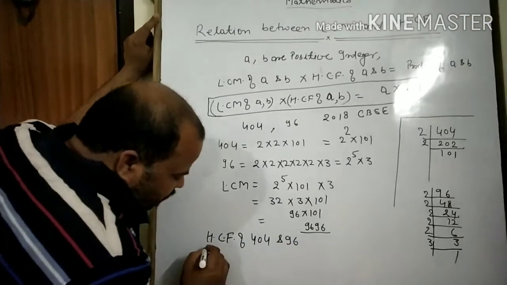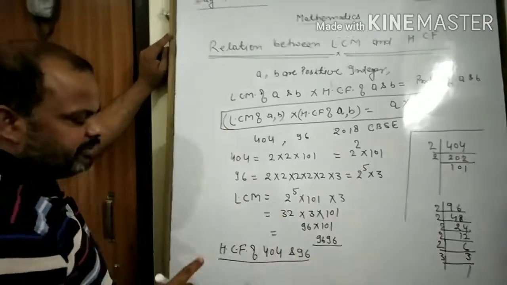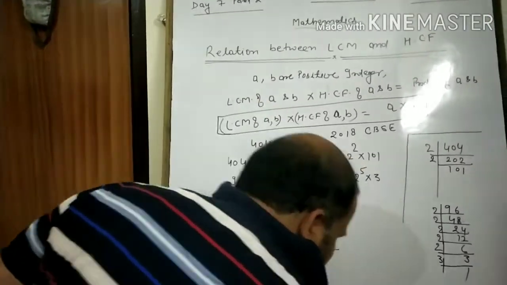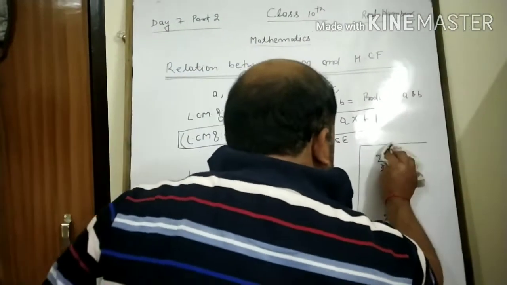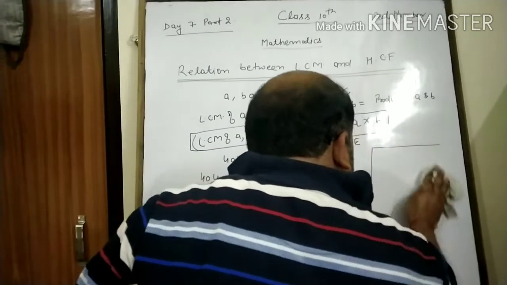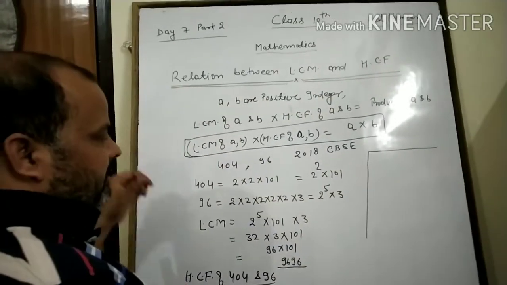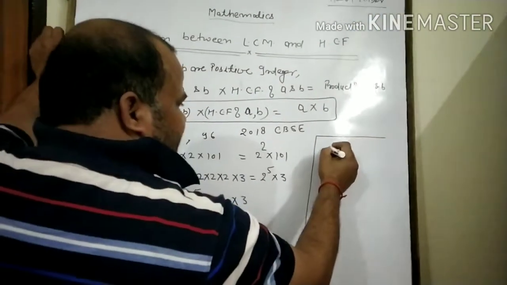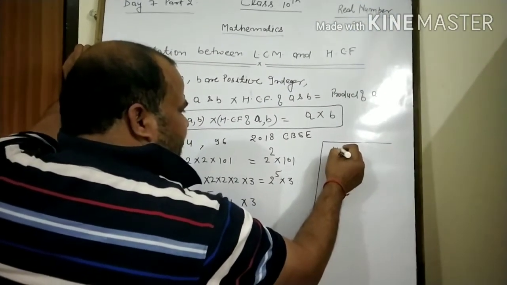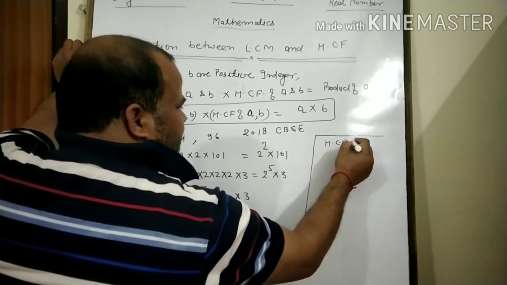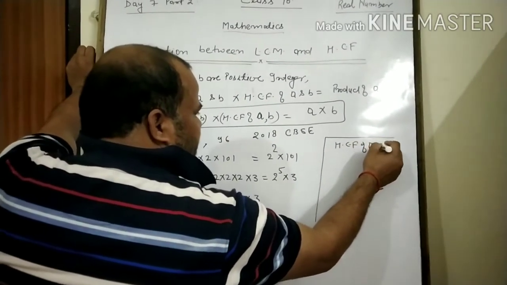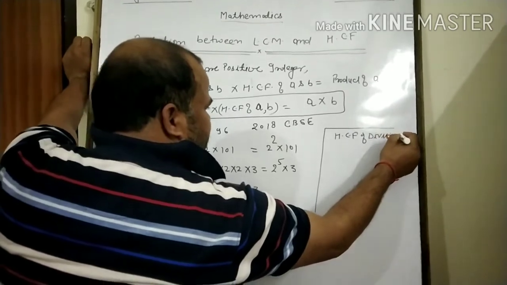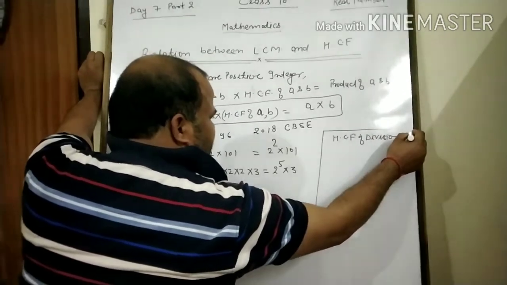If you want to apply the Euclid division algorithm, then first of all on the rough sheet you can find the HCF with the division method. I think everyone knows division better.